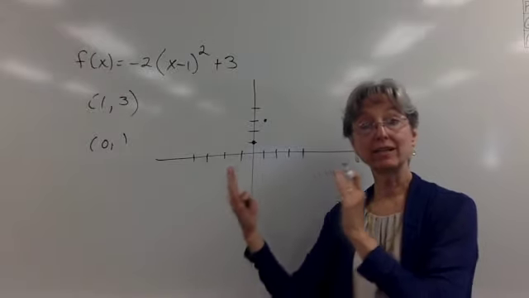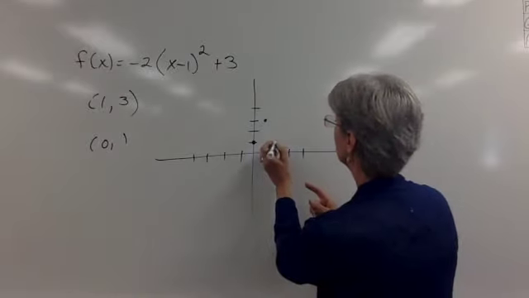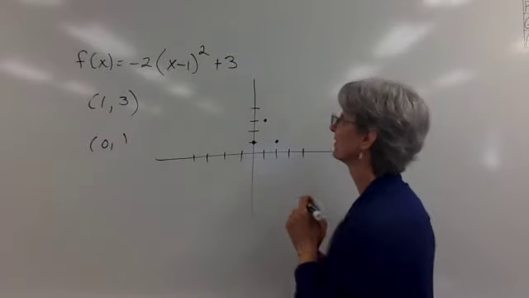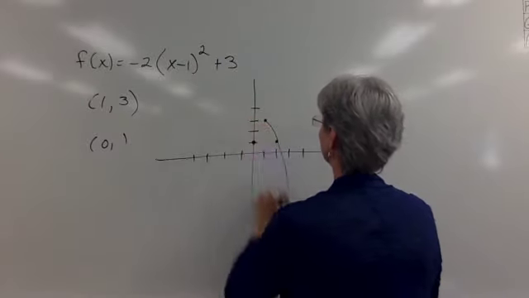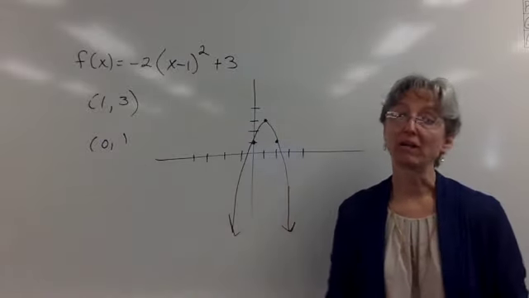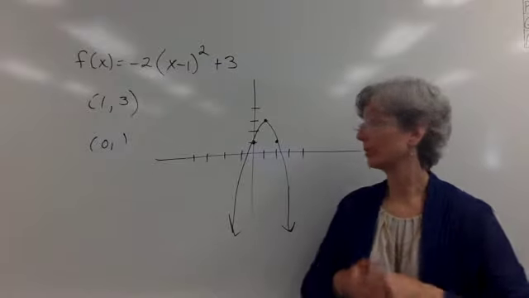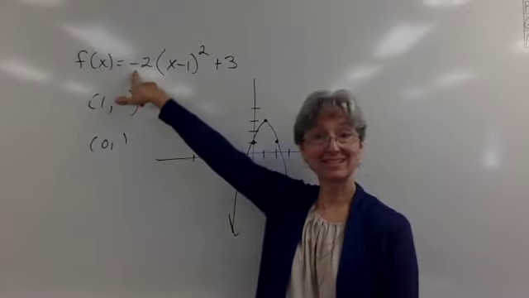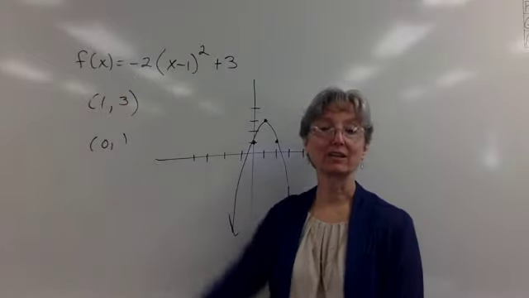Now I can reflect that on the other side like this. And that's probably enough. There we go, I've drawn the graph. It's that simple. By the way, those points were below my vertex. Makes sense, this is negative. So that worked.